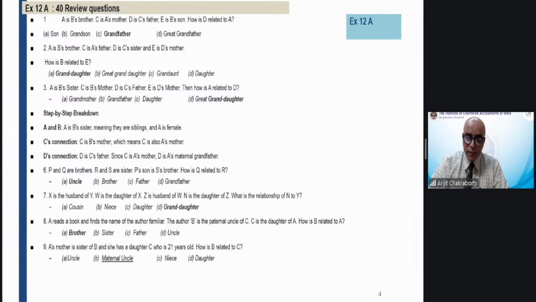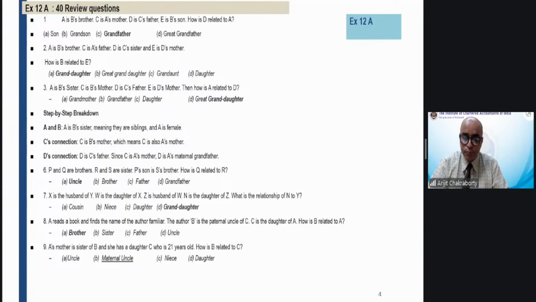So we can see that A's mother, let us call her M for mother. So A's mother is M. Obviously, M is female because she is mother, and she is the sister of B. That means M and B are siblings. And now we see that M has a daughter C, that means C is female.